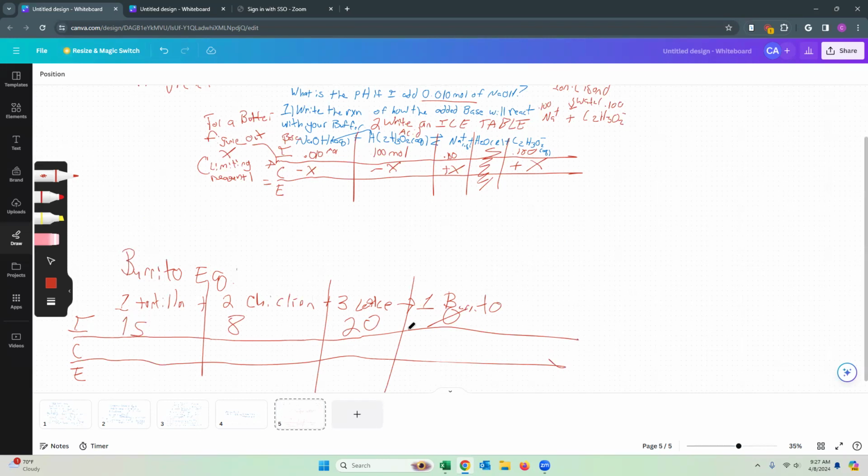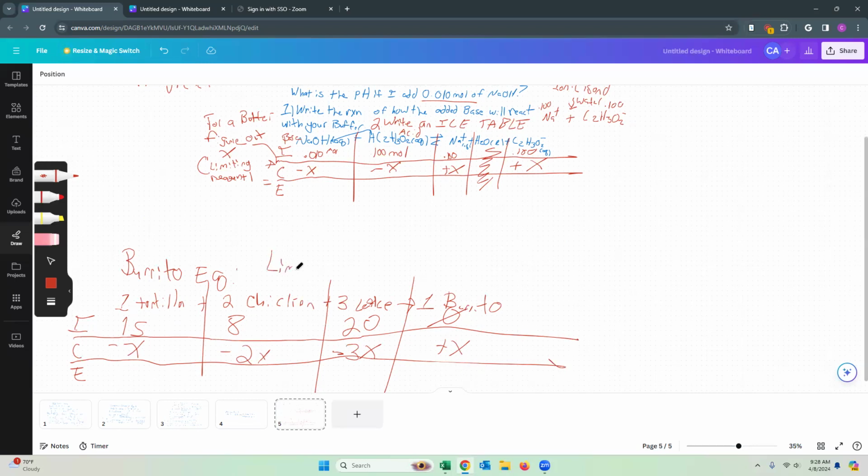And so the question is, how many burritos can I make? So I'm going to lose some tortillas. I'm going to lose 2 pieces of chicken every time I make one burrito. I'm going to lose 3 pieces of lettuce every time I make a burrito. And I'm going to gain 1 burrito.